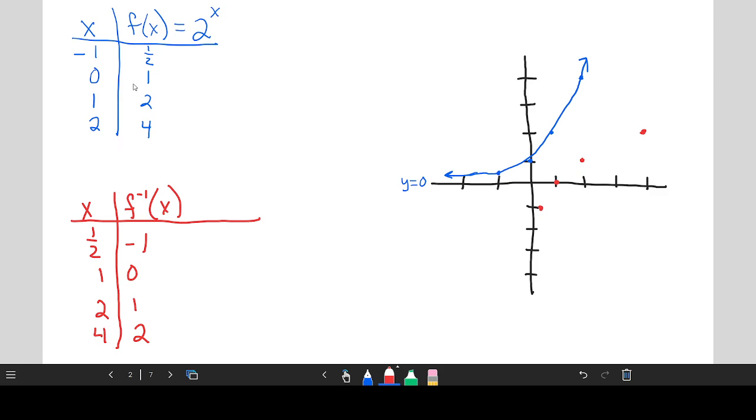We wouldn't have seen anything other than positive y values for the exponential function, and so we're only going to see positive x values here. So this graph is never going to touch or cross the y-axis, because that would mean we had found an x value of 0 or a negative x value over here in quadrant 3.